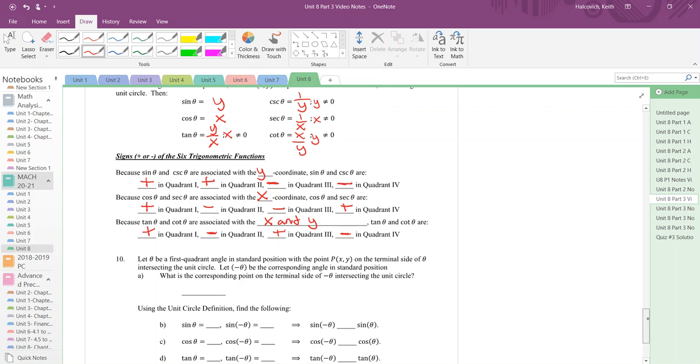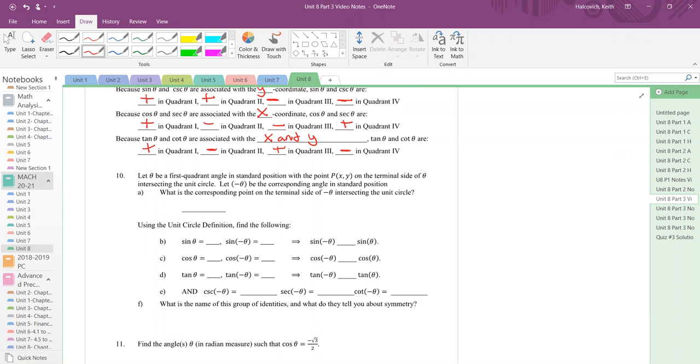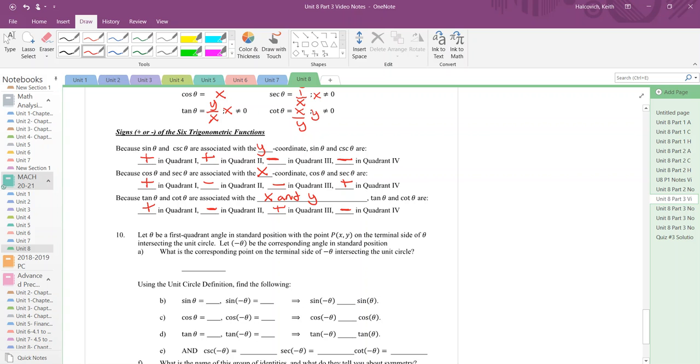So if you look at number 10, it says, well, first of all, let's go back to this. To remember the trig functions, I just base this on the 3 main ones, sine and cosine and tangent, because whatever applies to sine is going to apply to cosecant. So if you look at the first quadrant, all of them are positive. Second quadrant, only sine.